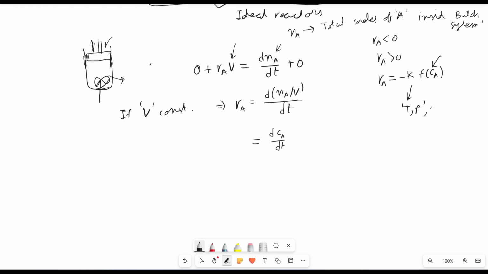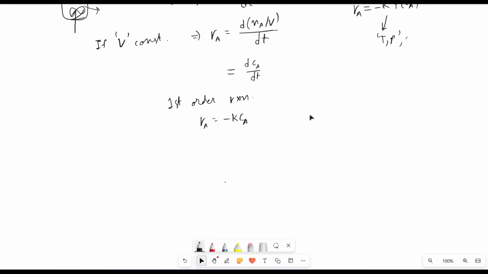And for example, if this is a first order reaction, then for first order reaction RA is equal to minus K CA. Again, note that CA is homogeneous inside the batch reactor.